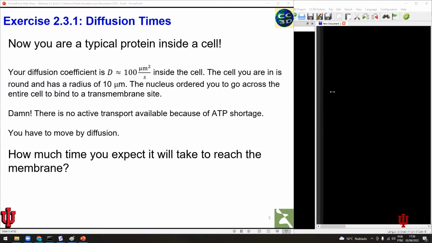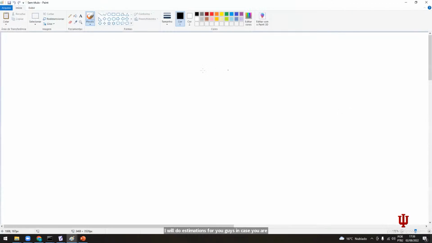I will do the estimation for you guys in case you are wondering how it's done exactly. So the estimation is roughly this: L squared over D. So if you have 10 micrometers, the diffusion coefficient is in micrometers, so we don't need to change any units here. You just need to square the length and divide by 100.